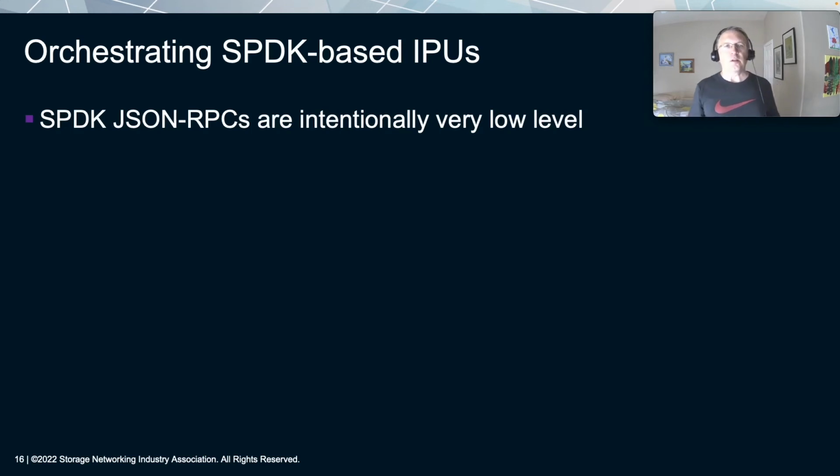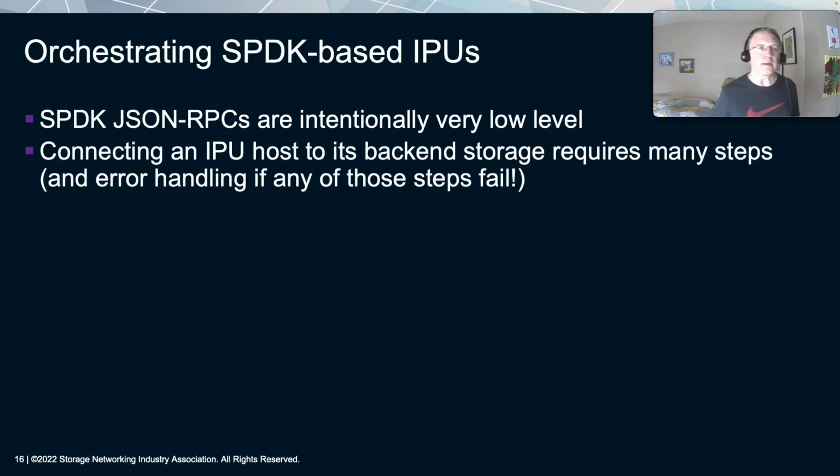When we look at SPDK applications, the JSON RPC interface, which we primarily use for configuration, is intentionally very low level. We made this decision because we wanted you to be able to build higher order constructs on top of it, and inside of SPDK it just does the bare minimum. It gives you all the pieces and you can build code on top of it to do what you need.